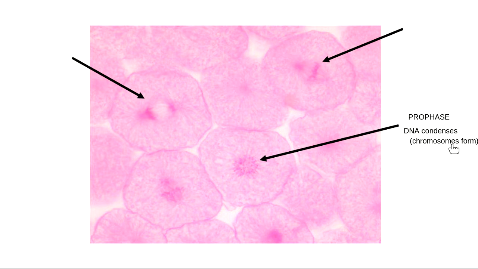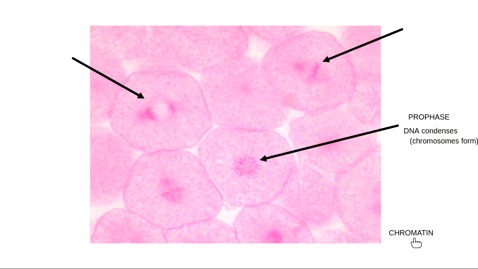So normally in your cell, we have the stringy form of DNA that's called chromatin. That's a review word for us here. I'm going to give it to you at the bottom. Chromatin. This is when your DNA looks like a wet spaghetti noodle and it's chilling out in the nucleus. Chromatin is really great for a cell to do the process of transcription and translation, which is what we talked about in lecture last week, right?